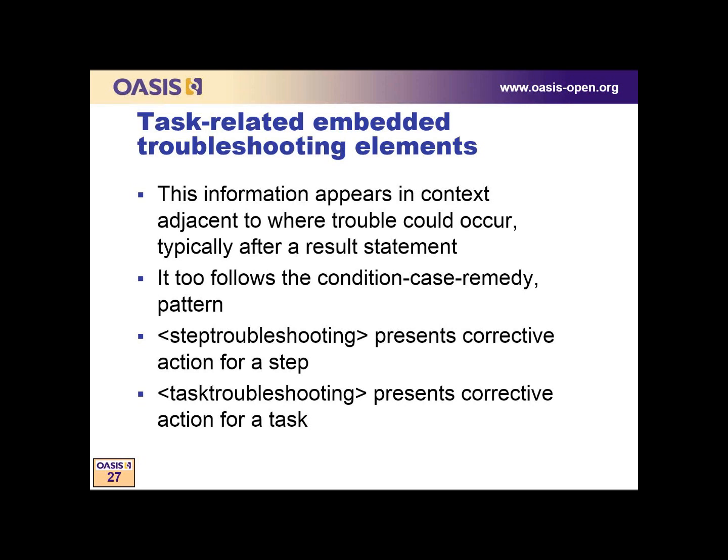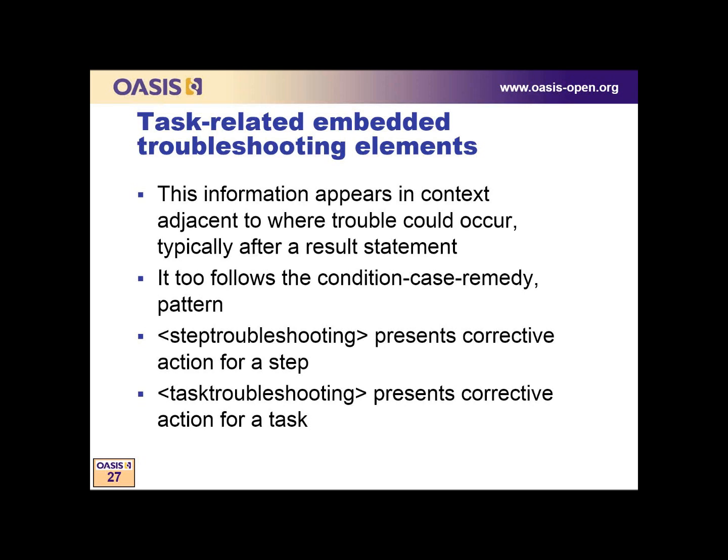So the first category of things, we added a couple of elements for task-related embedded troubleshooting. So we wanted the information to occur right next to where a problem might be. So this is after a result statement, whether it's a step result or a task result.